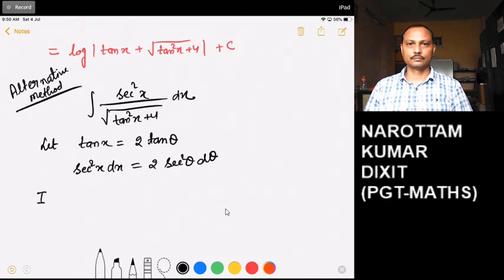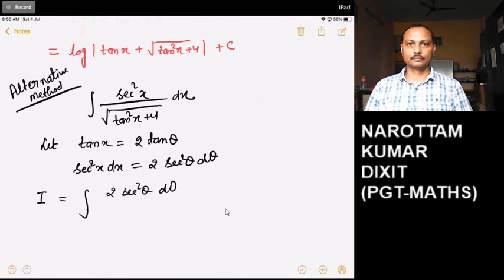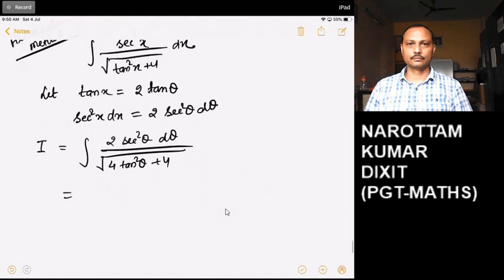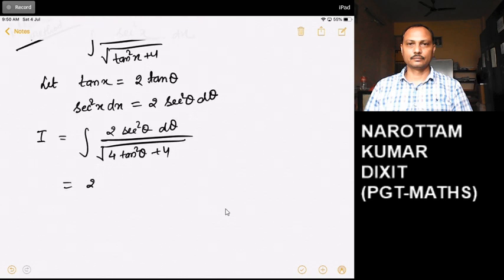then we get I equals to 2 times of sec square theta d theta divided by within square root 4 times tan square theta plus 4. So 2 within integration, it is sec square theta d theta, and taking 4 as common from the denominator and take it outside the square root, so it will be 2.